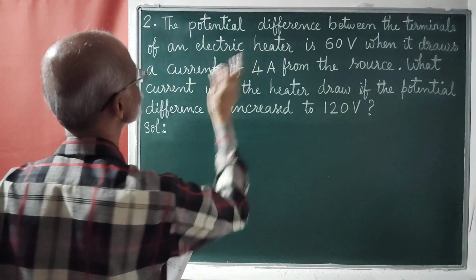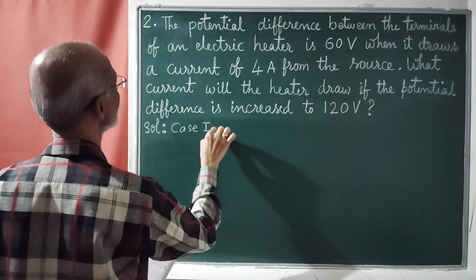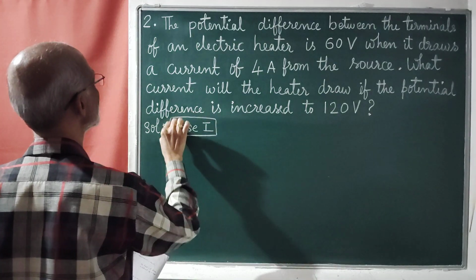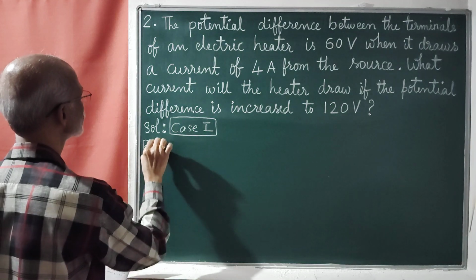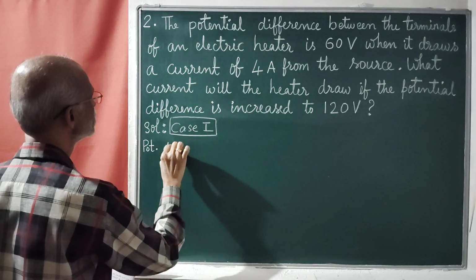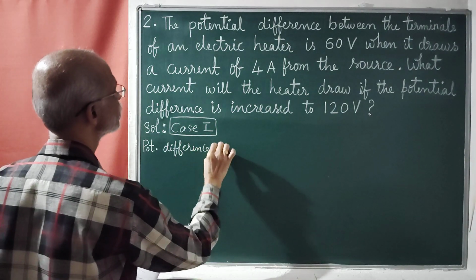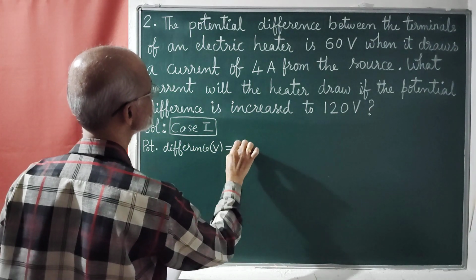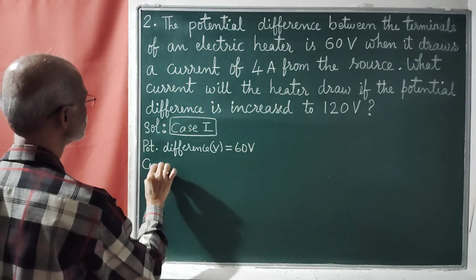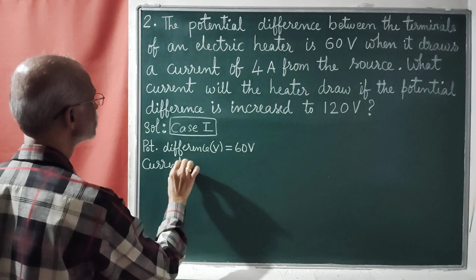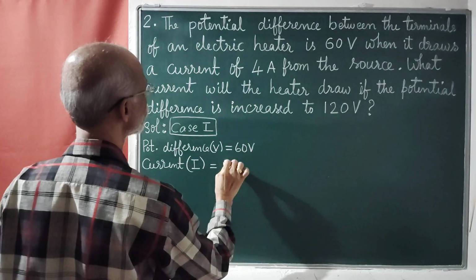Now coming to case 1. In case 1, the potential difference V is equal to 60 volts and the current I is equal to 4 amperes.